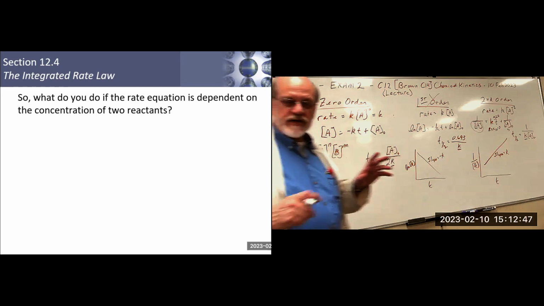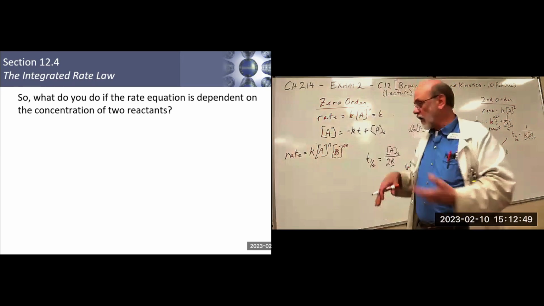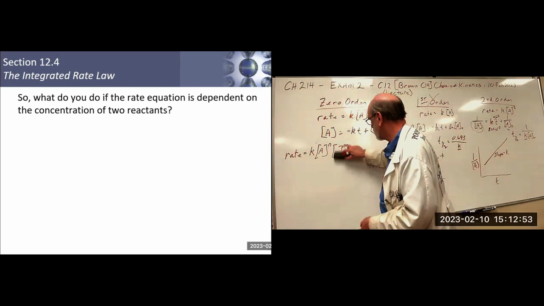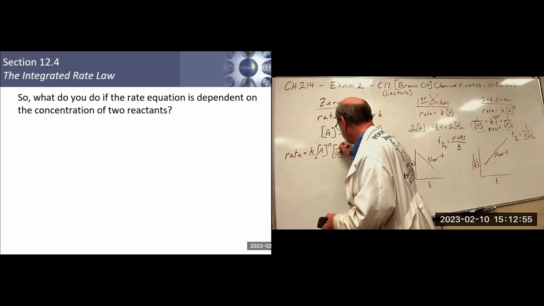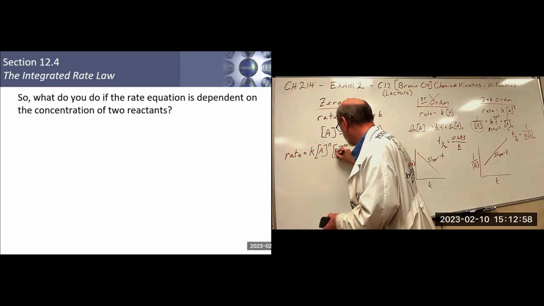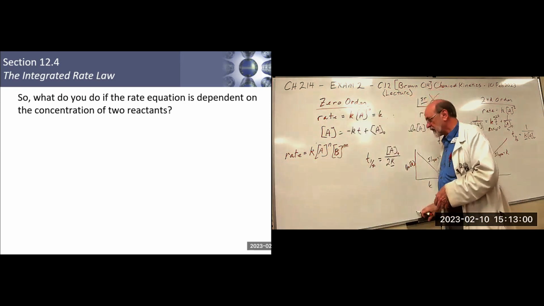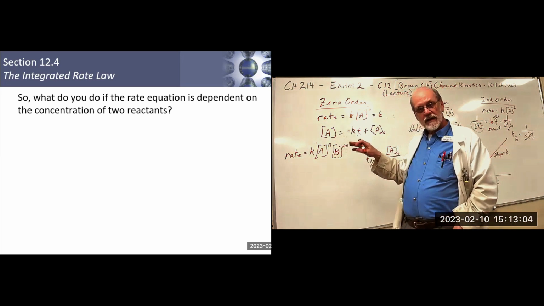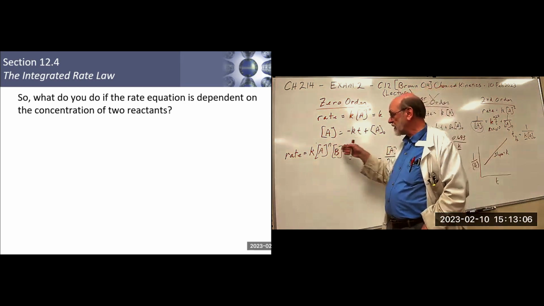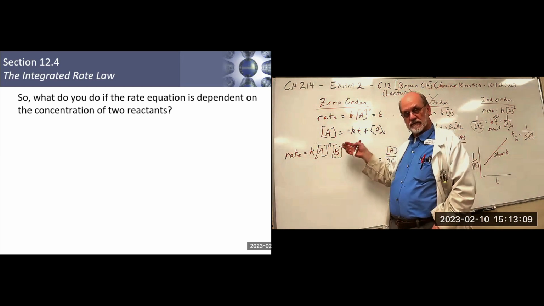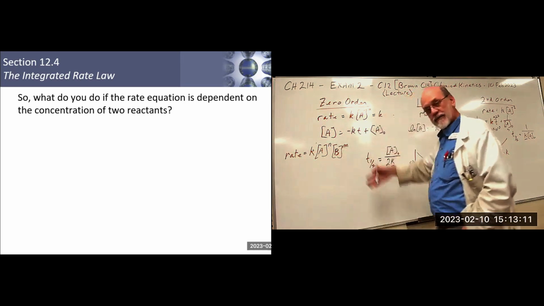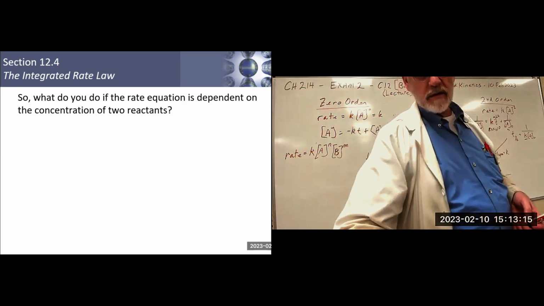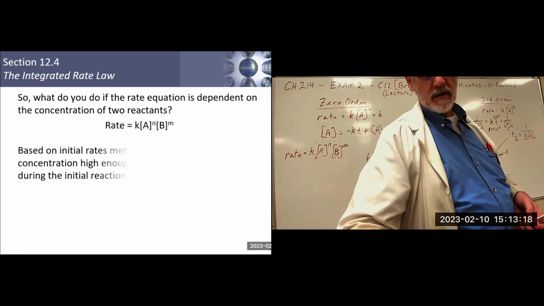If the concentrations that you start with are low enough that they're both changing at the same time, it's difficult to deduce what type of graph you're going to get. So here's what we do.